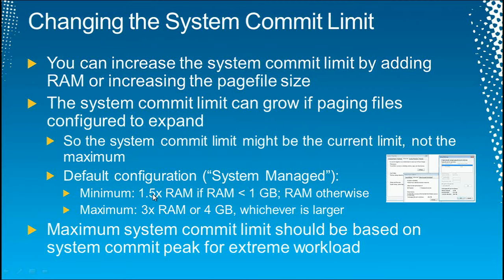And the max is 3x RAM or 4 gig, whichever is larger. So you can tell a lot of time and energy went into the tuning of that. Performance team was busy for a long time, and they actually got that right several releases of Windows ago. They haven't had to change it since. It's just such a solid algorithm to size the paging file. Well, but what really is that doing? What do those numbers mean, 1.5x?